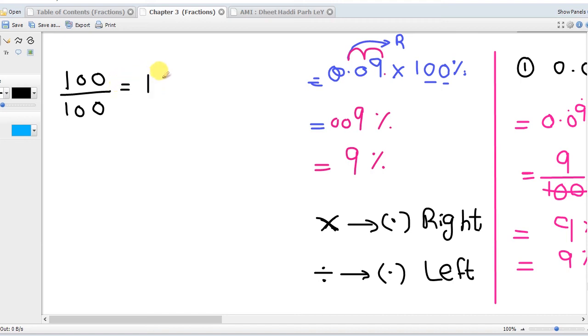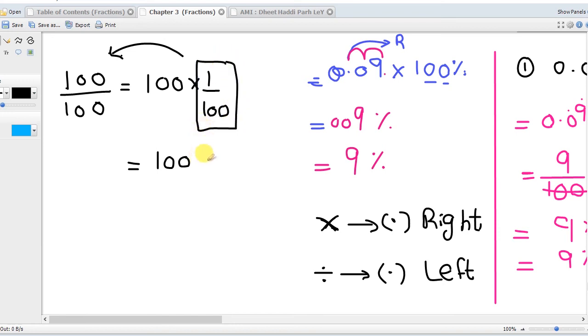Now I can also write the same thing as 100 times 1 over 100, because if you multiply 1 over 100 by 100, you will get back this thing, right? So write 100, and this thing, 1 over 100, means percent, right? So this is the reason why we are always multiplying by 100% whenever we have to convert any number into a percentage. Got it?